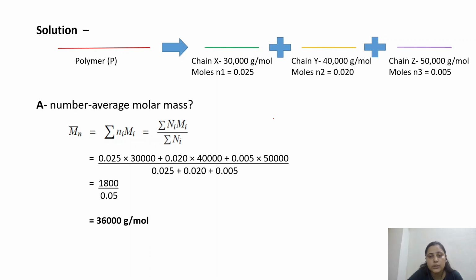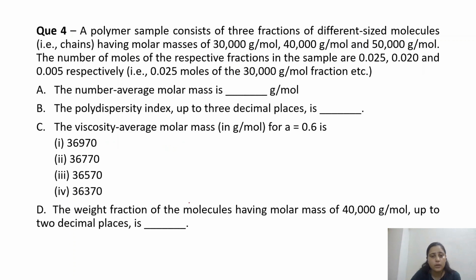polydispersity index. So first the question arises, what is the polydispersity index? Can anybody tell me, who has already gone through the lecture, what is polydispersity index? Yeah, the polydispersity index is the ratio of weight average molecular weight divided by number average molecular weight.